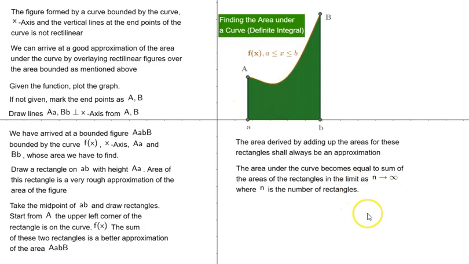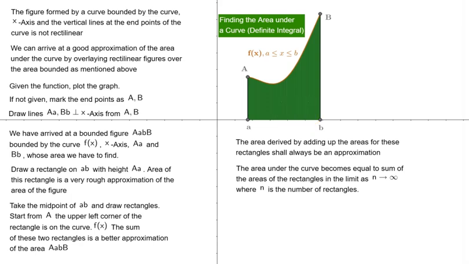Remember, I can't actually take it to infinity. What this says is that as I keep increasing the number of rectangles higher and higher, the area becomes a better and better approximation of the area under the curve. Of course, if we take it to infinity, it will become exactly equal.